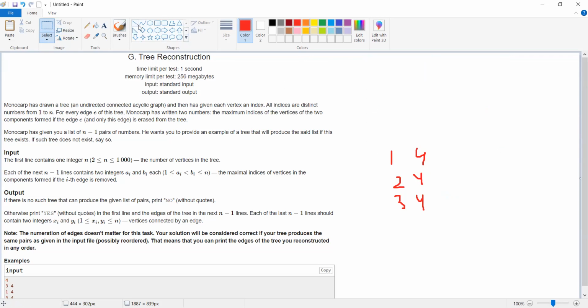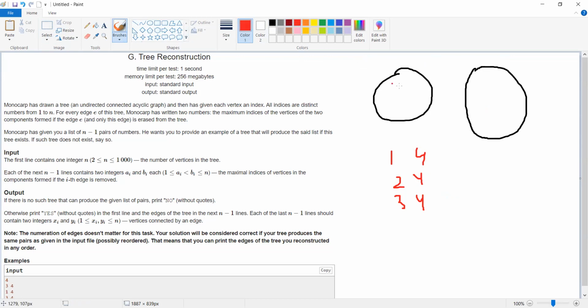When we divide it into two halves, for example this part and this part, there were many edges and we deleted only the one that connected them. Here we had some edges, and here we had some edges. When we delete it, either the left or the right part has the maximum number.